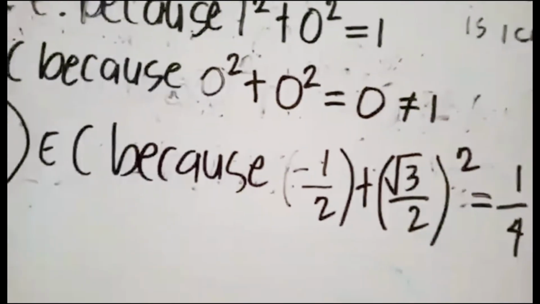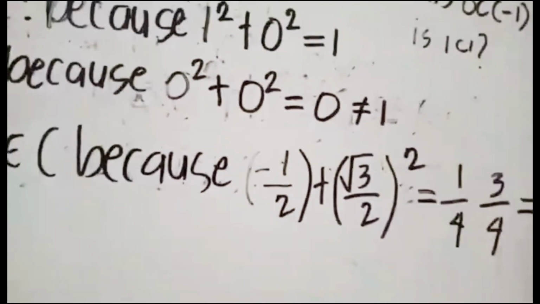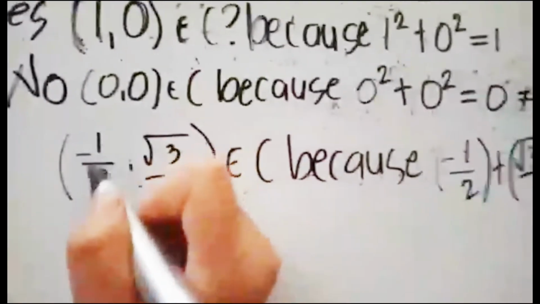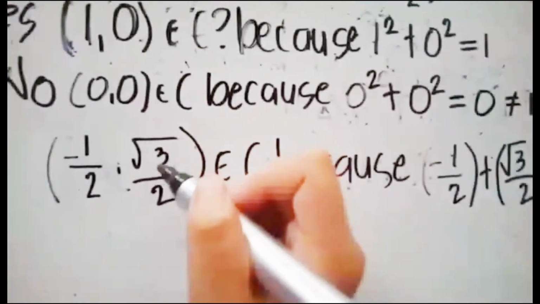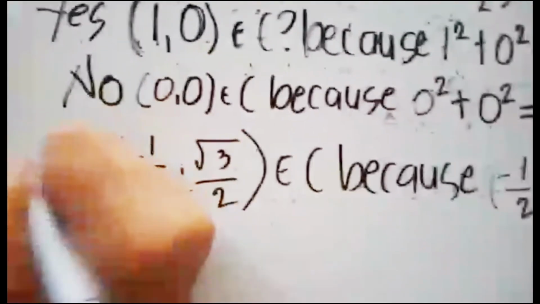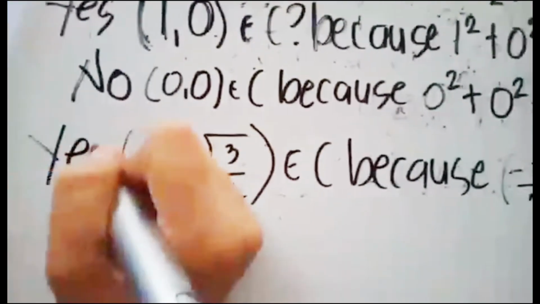Therefore, the total is 1. So (negative 1/2, square root of 3 over 2) is an element of C. Therefore, this is yes.